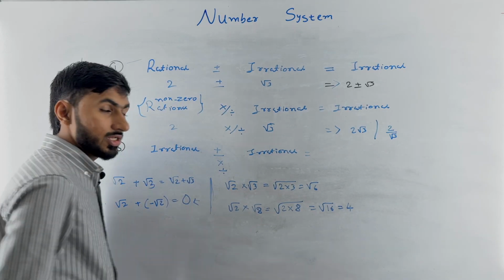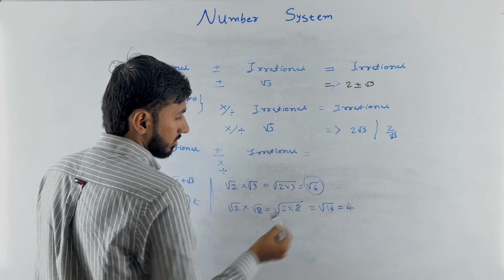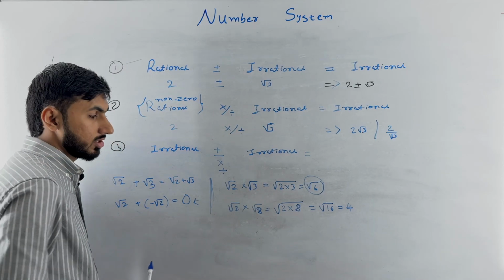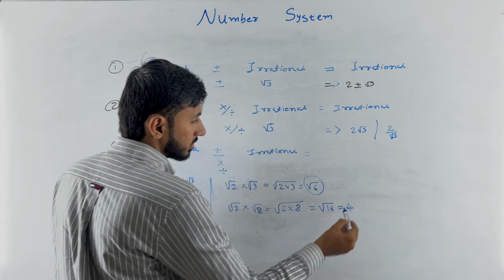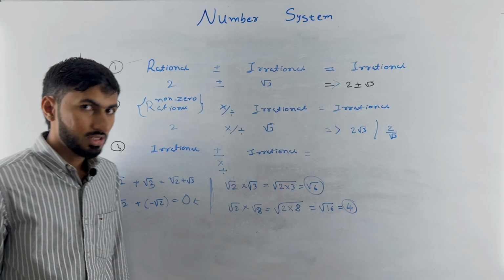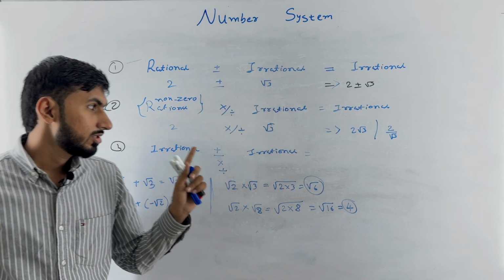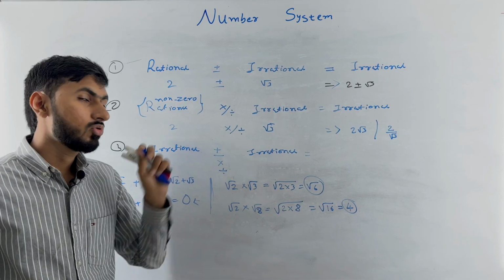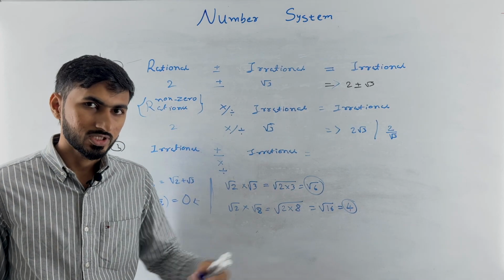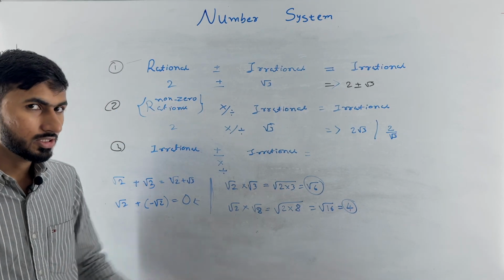So in the first case, my answer is irrational by multiplying two irrational numbers. In the second case, by multiplying two irrational numbers, my answer is a rational number. So in the case of multiplication, we cannot say whether the multiplication of two irrational numbers is always irrational or always rational, right? It depends on the numbers.